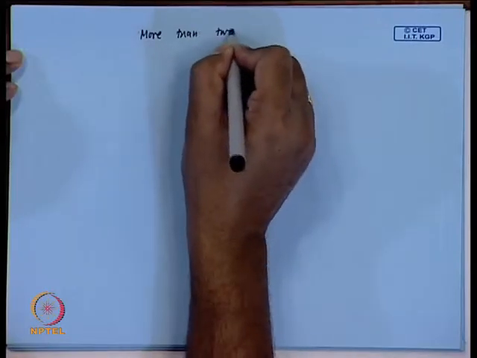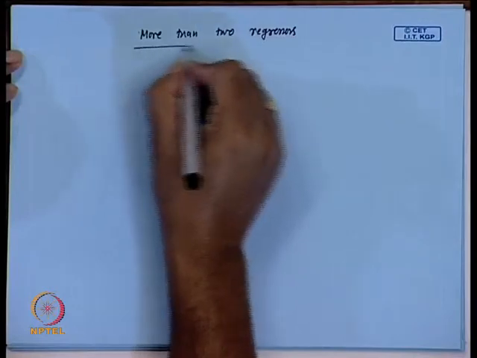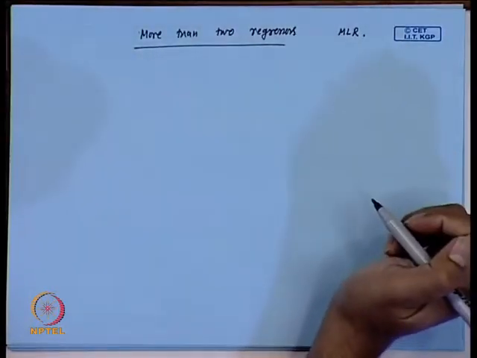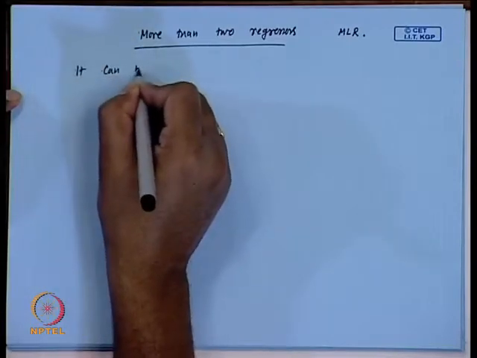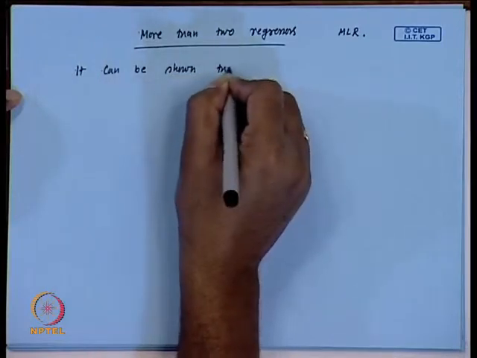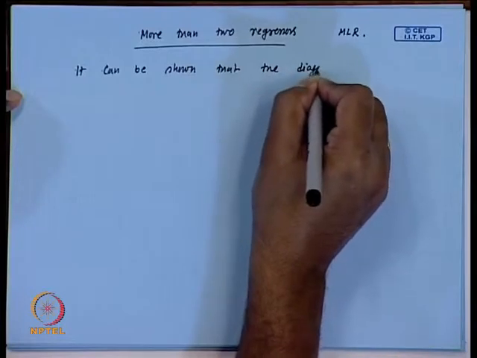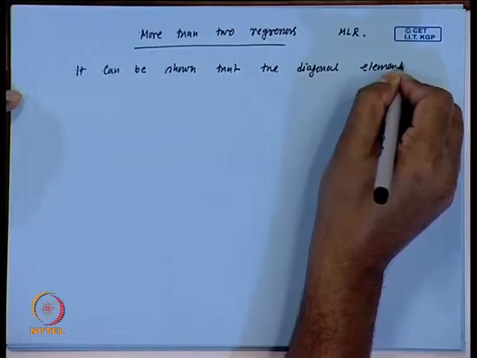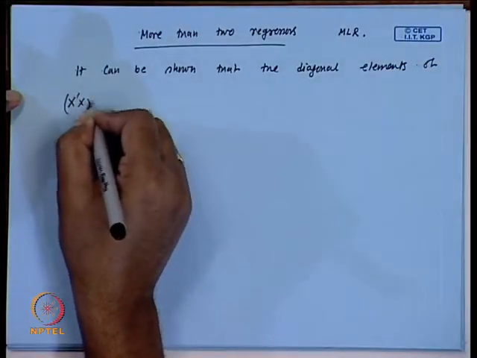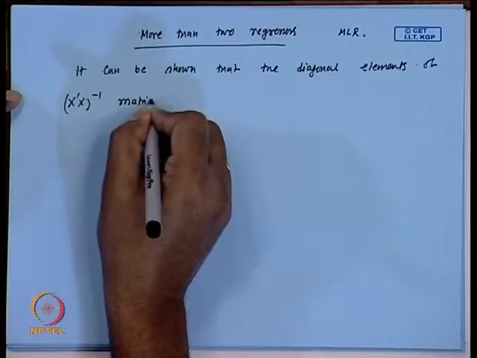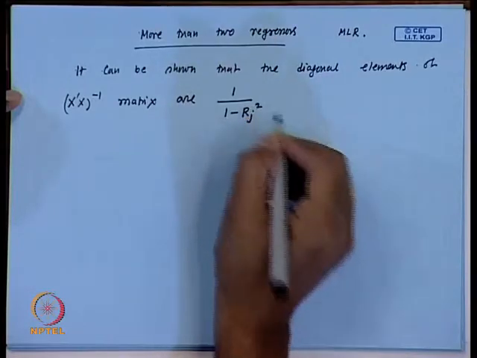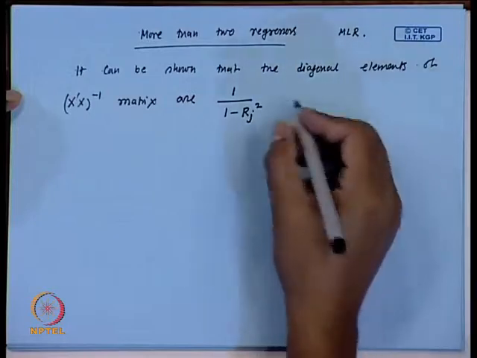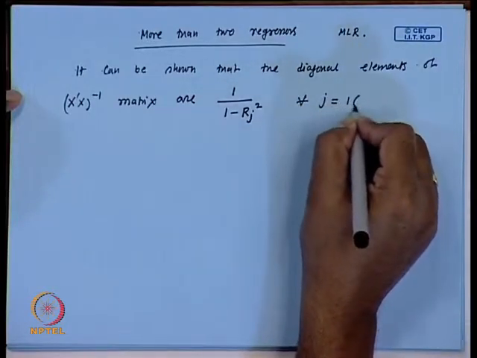Suppose you have more than two regressors in the multiple linear regression model, then it can be shown that the diagonal elements of the X prime X inverse matrix are 1 by 1 minus Rj square for all j from 1 to k minus 1.